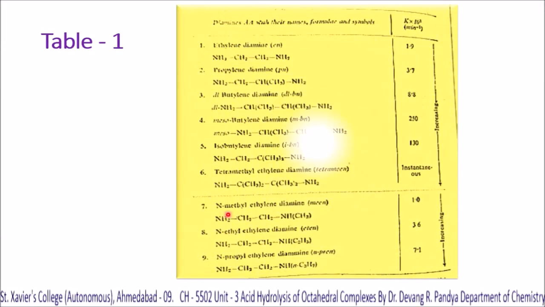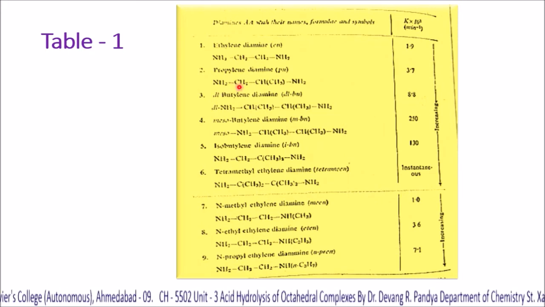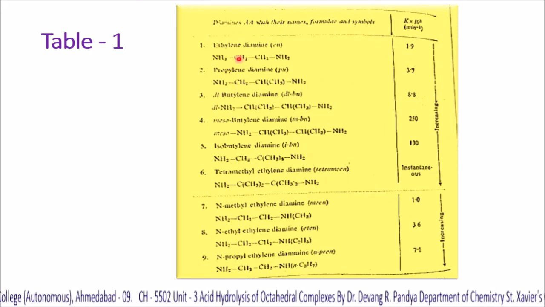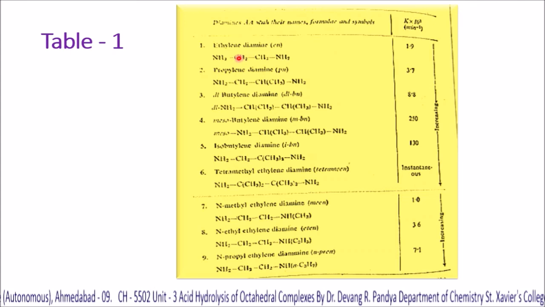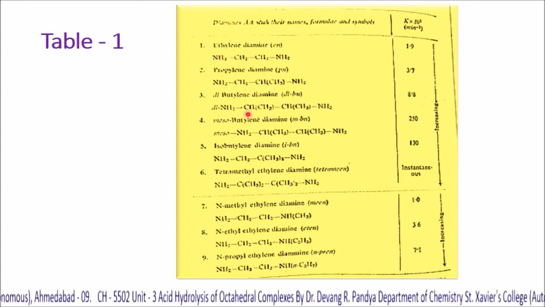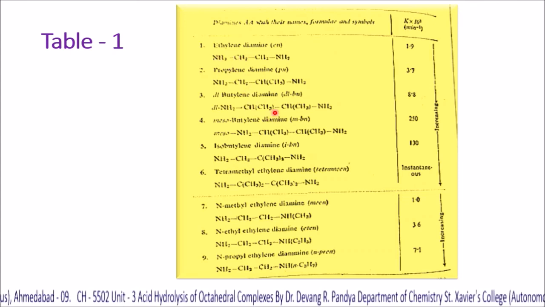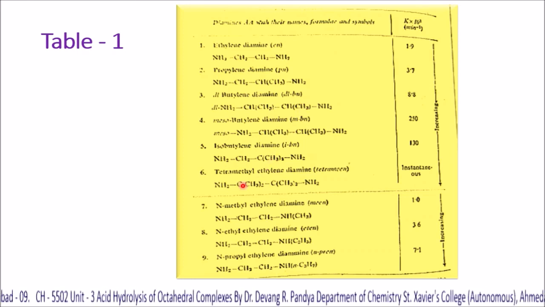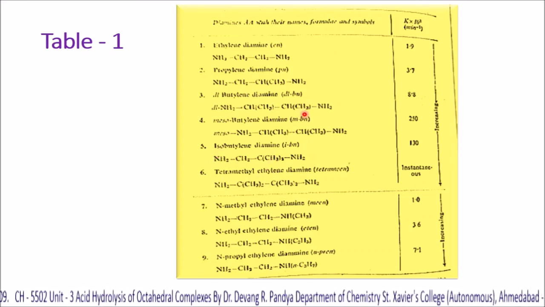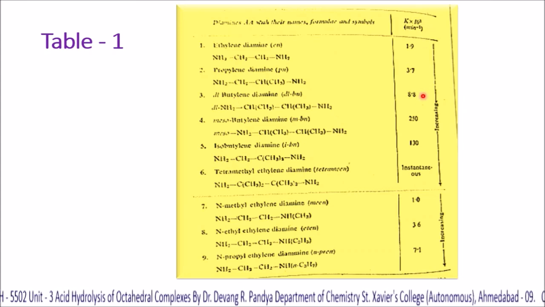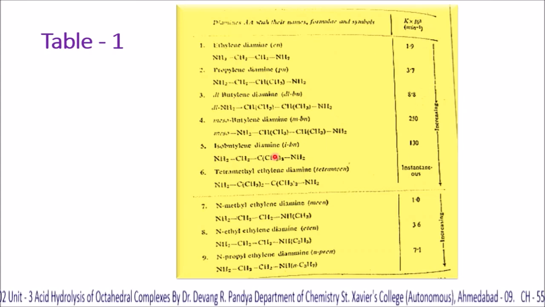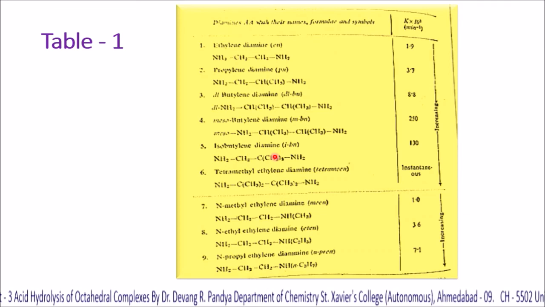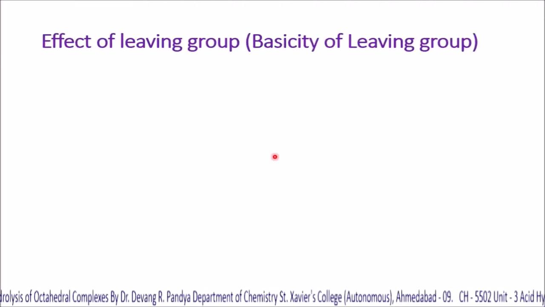So this also facilitates the SN1 mechanism. These are more examples where either the hydrogen of the methylene group or amine group is substituted by either the methyl or ethyl group, and a more bulky group is obtained, you can see the rate of reaction drastically increases, and it will facilitate the SN1 mechanism. So that you need to keep in mind.